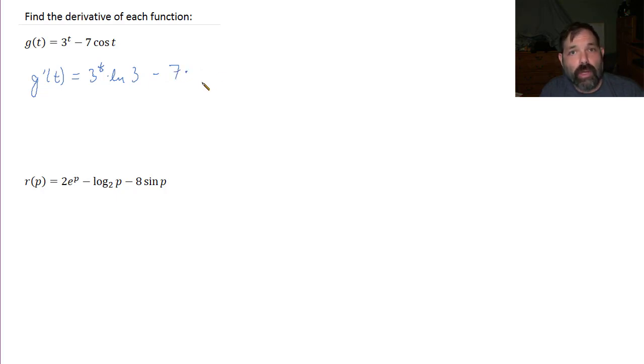Then the derivative of the cosine function is negative sine t. So I would write g prime of t is 3 to the t times the natural log of 3 plus 7 sine t.